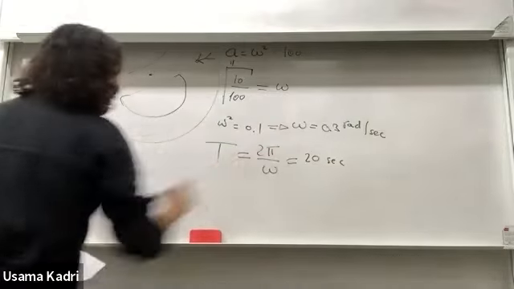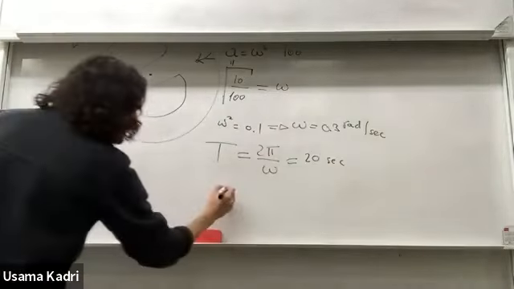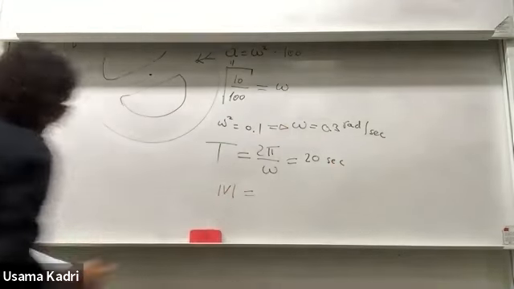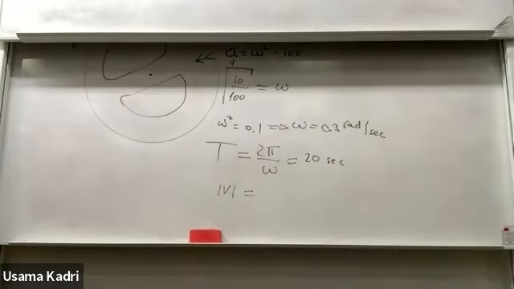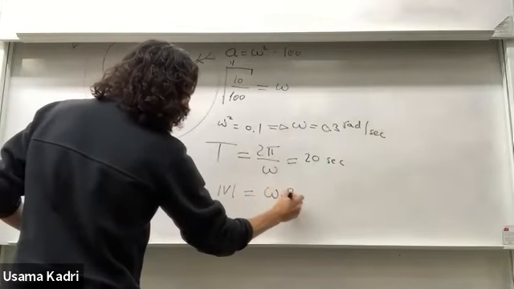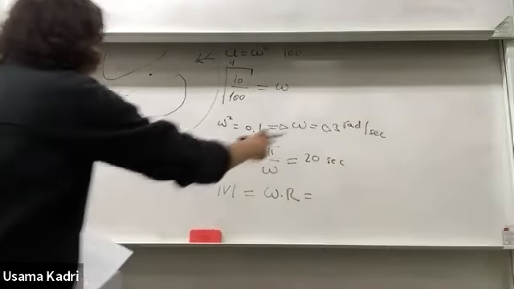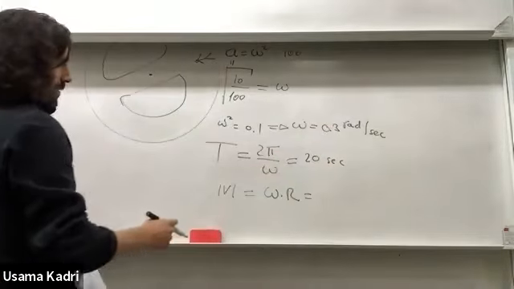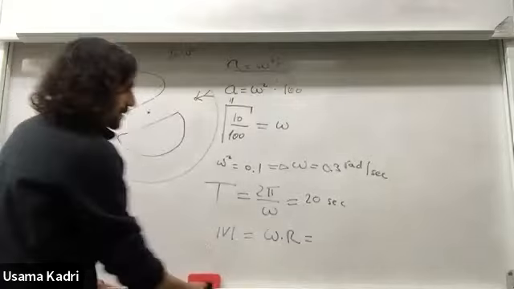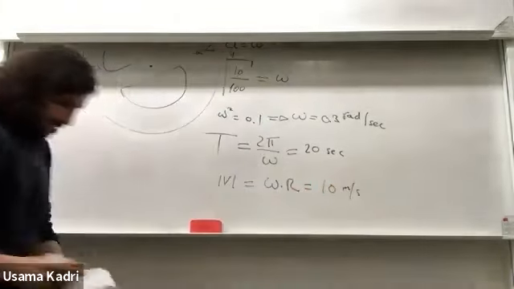And the velocity, or the speed, which is omega times r. So omega times r, that is 0.3 times 100.